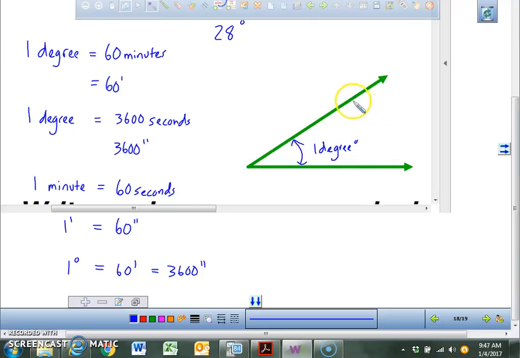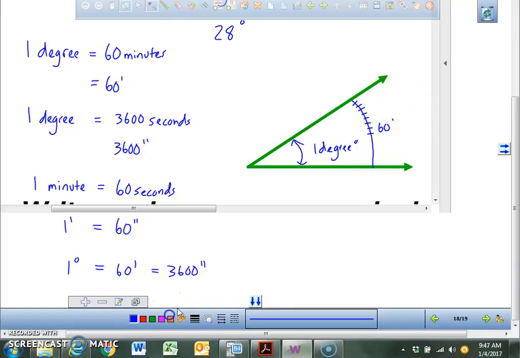If I were to break that down into minutes, how many little tick marks would I have to make? You have to break that down to 60 of those.